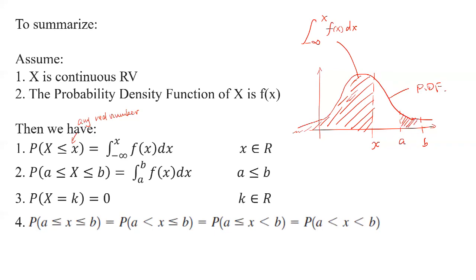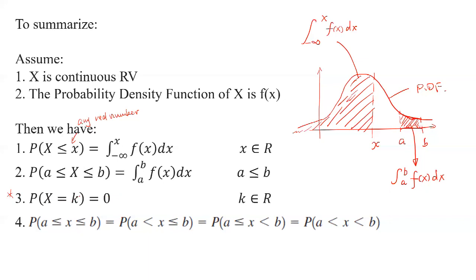The probability of x lying in this interval corresponds to the area between this curve and the x-axis, which is denoted by the integral from a to b of f(x). The third statement tells you that for a continuous random variable, the probability of x being any single value k is always zero. It's very important.